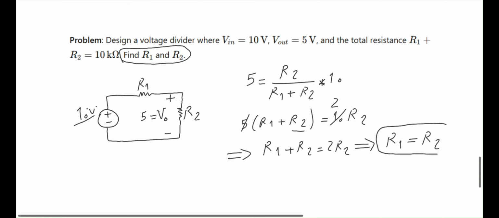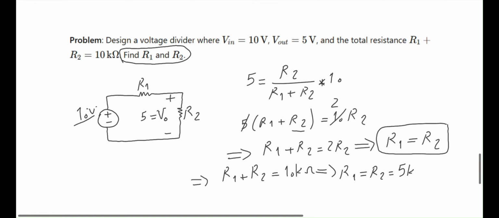Nice. I know R1 equals R2, and I know one more fact, that R1 plus R2 has to be 10 kilo ohms. There is only one solution for that. R1 equals R2 equals 5 kilo ohms.